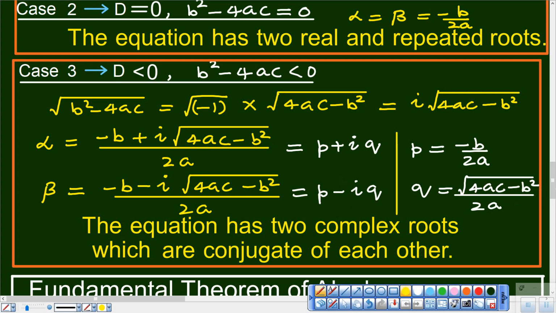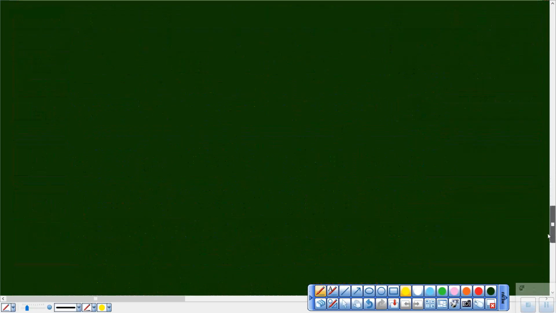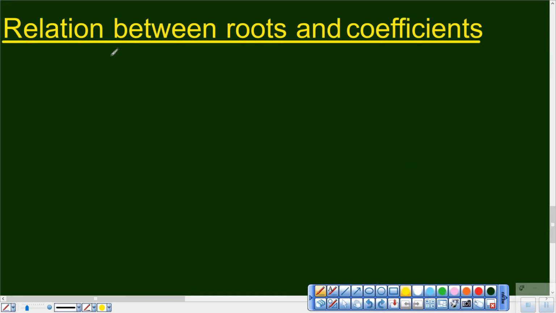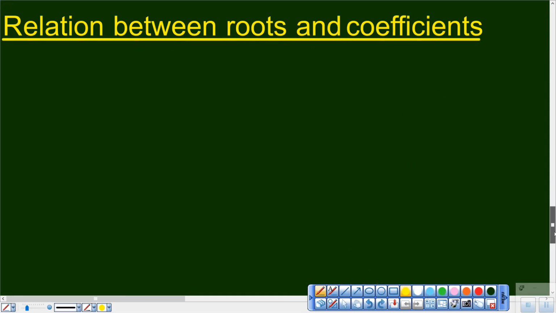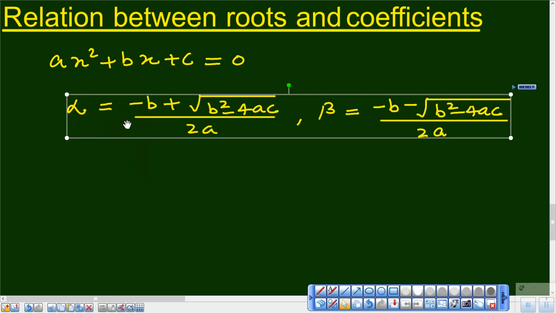Okay, let's proceed to further discussion, and that is the relation between roots and coefficients. Suppose we have a quadratic equation ax square plus bx plus c is equal to 0, and it has two roots according to the fundamental theorem of algebra, alpha and beta.